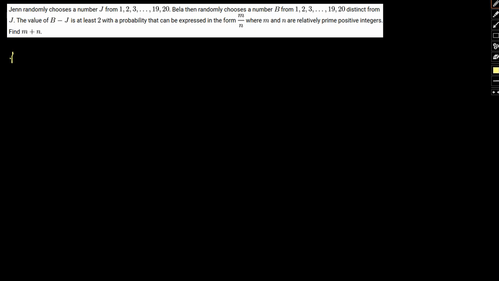So here, it's given that the desired probability of b minus j.